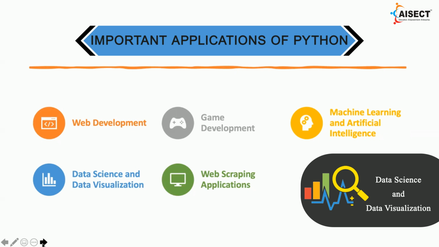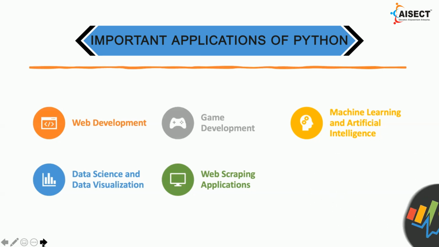In websites, a lot of data is available now. If you know how to extract the information and use the data, then we can make very good, relevant information, and predict the information using that data. So for data science and data visualization also, we are using Python as an important language.